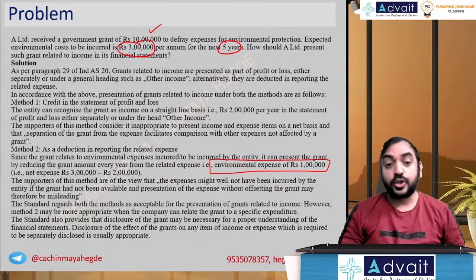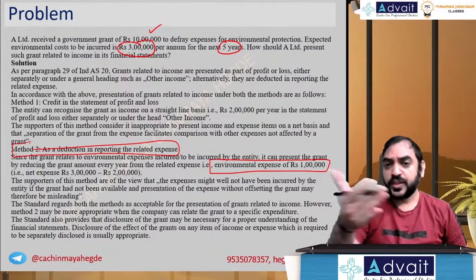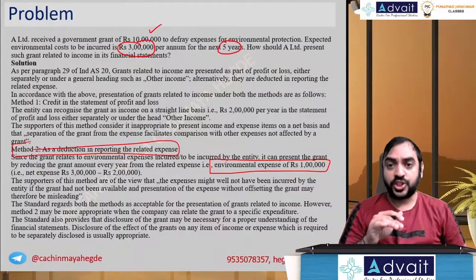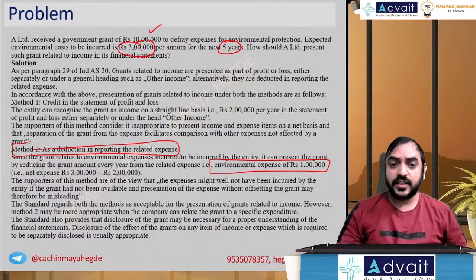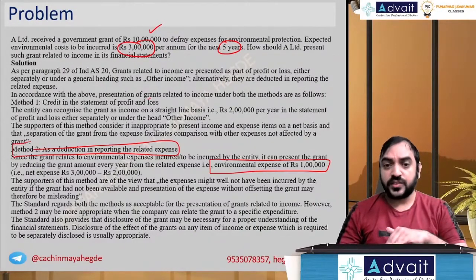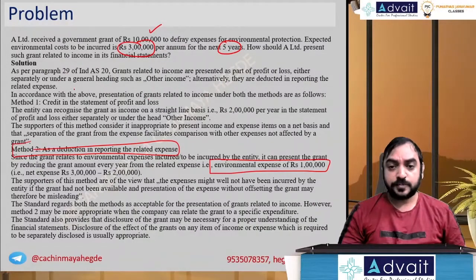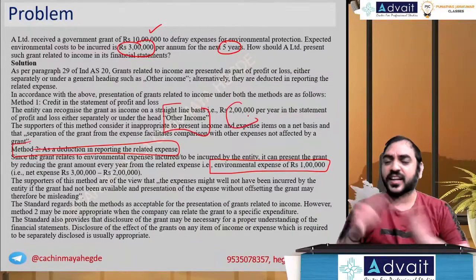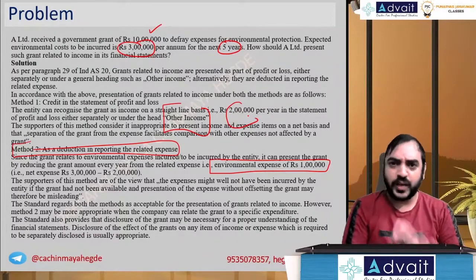That is method 2 actually. So 3 lakh is the expense incurred, 2 lakh is the government grant apportioned, net amount expense 1 lakh. That is one method. The other method is you show in the expense side 3 lakh, and in the other income credit side 2 lakh. Effectively the net impact on P&L account is 1 lakh only.